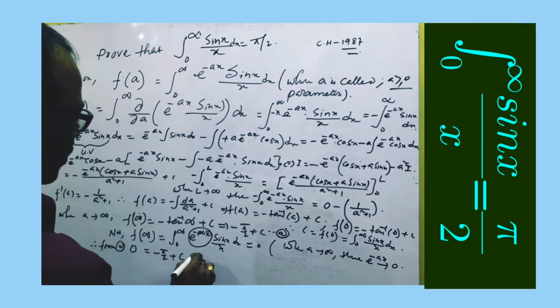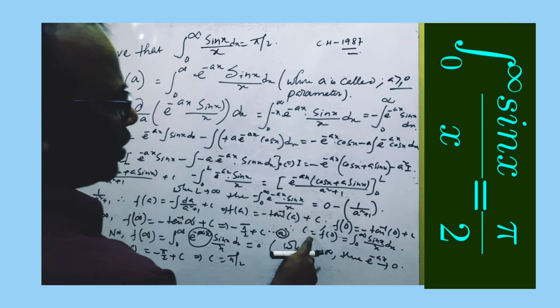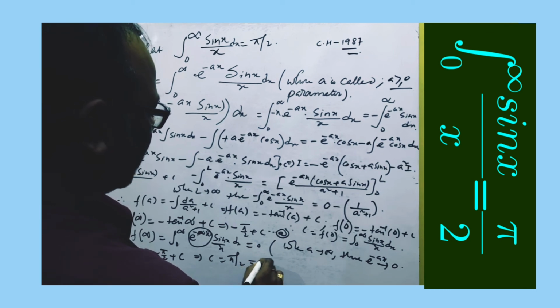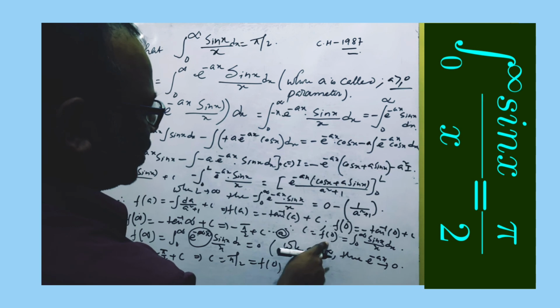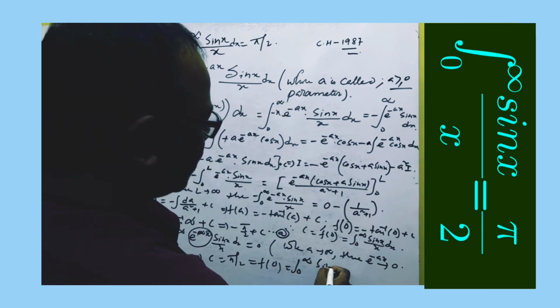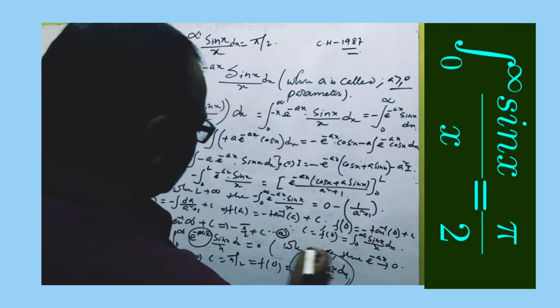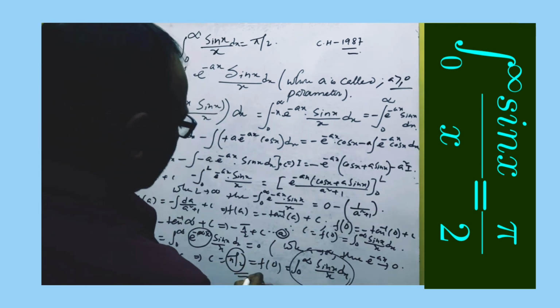So c is equal to pi by 2, that is f0, and that is equal to integral 0 to infinity sin x by x dx. So the value of this integral is pi by 2, that is your answer. Okay.